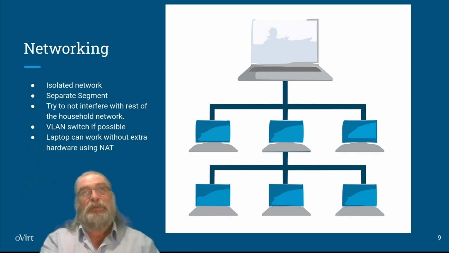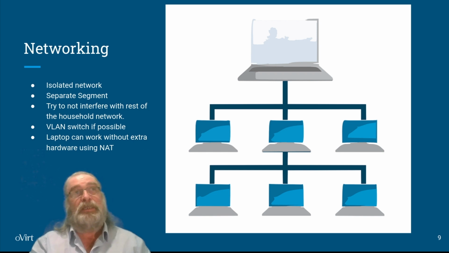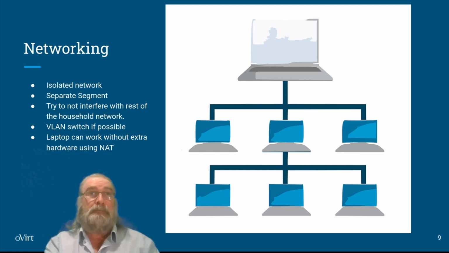We don't want to do changes that can interfere with people's Netflix viewing. It's quite advantageous to have a VLAN switch if possible, but you can deploy oVirt on a laptop using nested virtualization without any external connectivity, just using that.